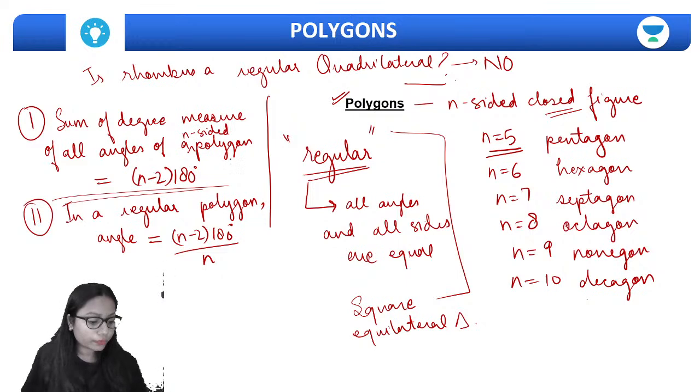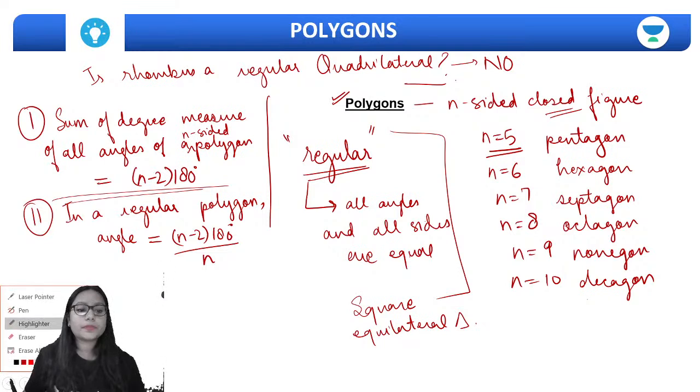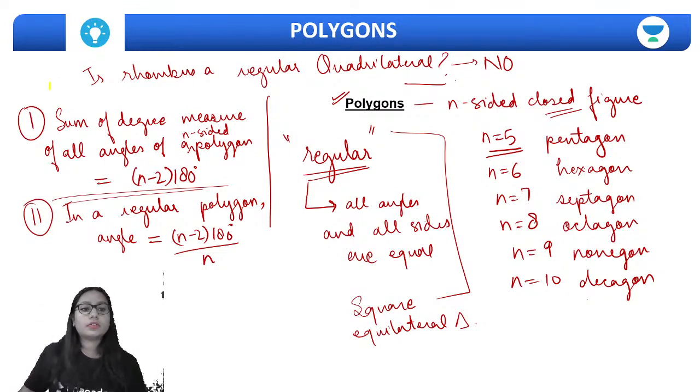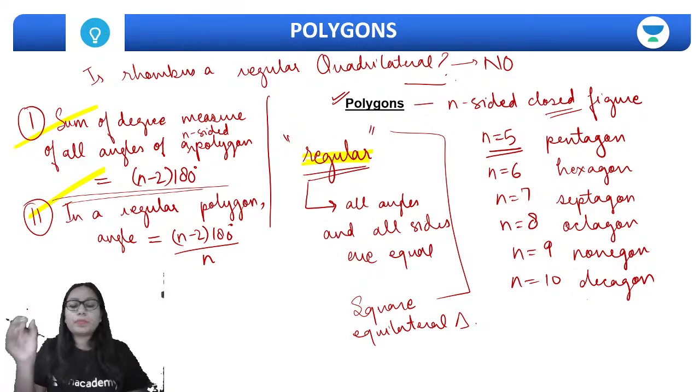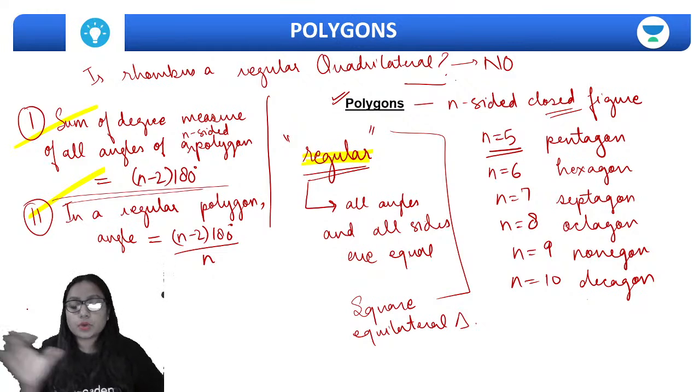These are the two formulas that you should note, and they will be useful when you solve questions from this topic. I hope this is clear, and please look for the term regular when you solve questions related to polygons. I hope the concept of polygons is clear to all.